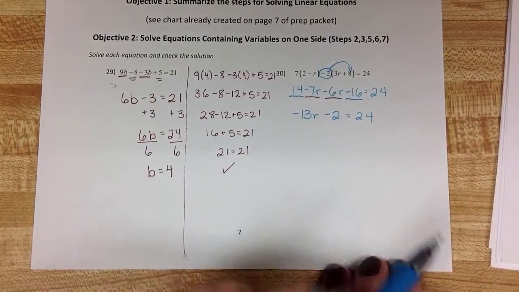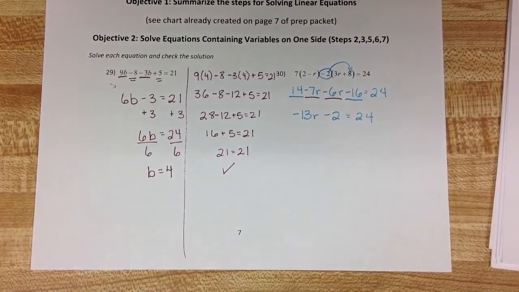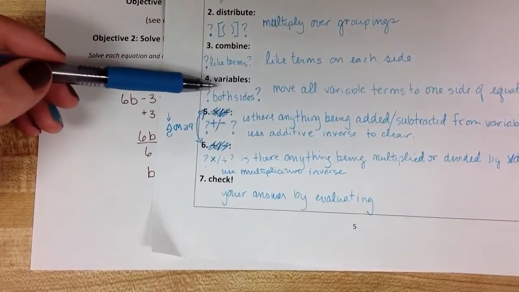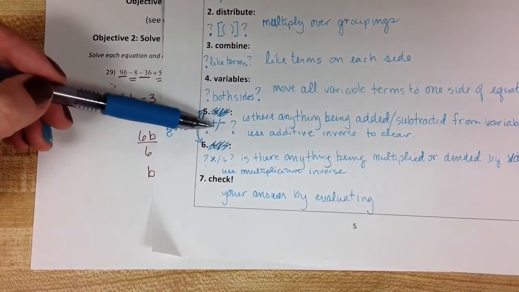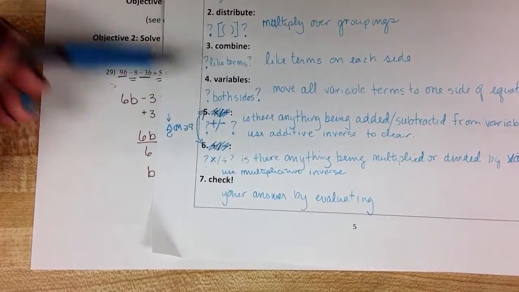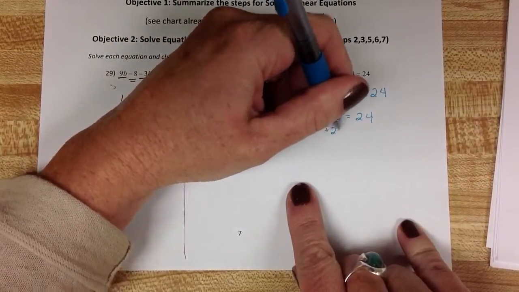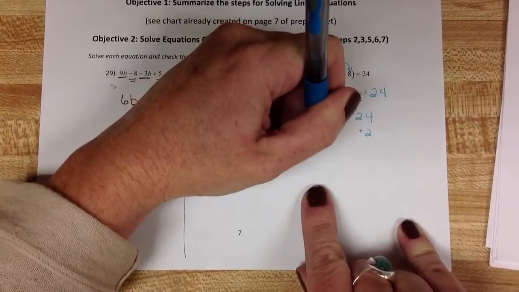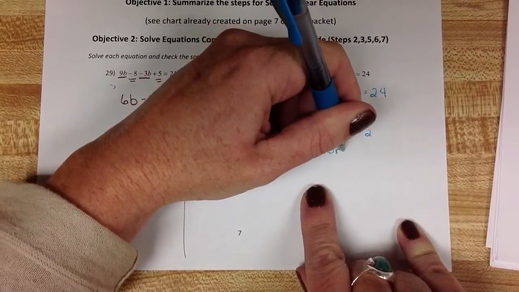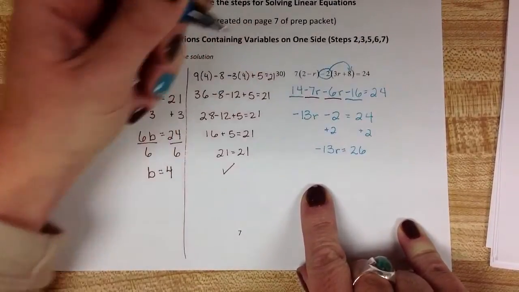And now my equations look like the ones we've solved before. We still haven't seen variables on both sides, so we can come down to getting rid of the addition or subtraction. I'm going to get rid of the subtract 2 by adding 2. That leaves me a negative 13r equals 26.